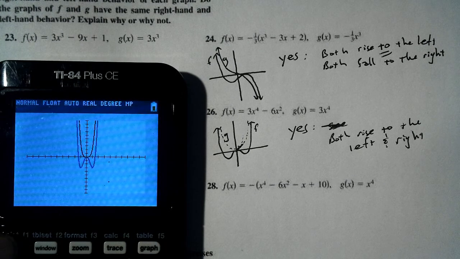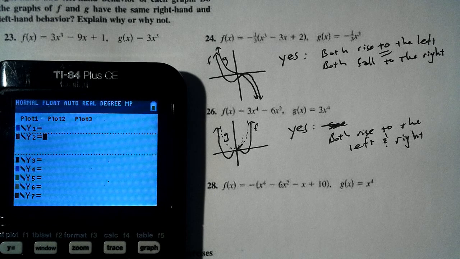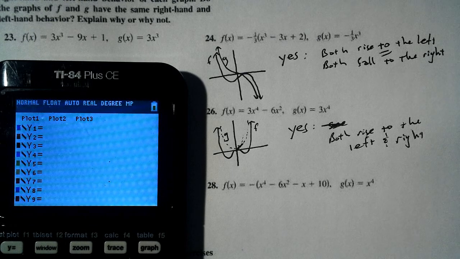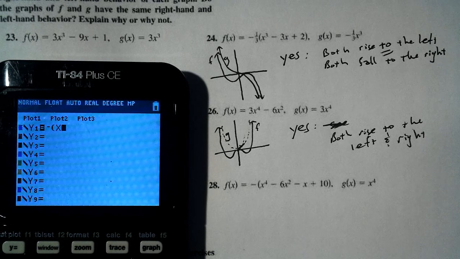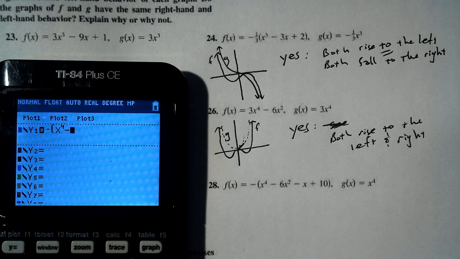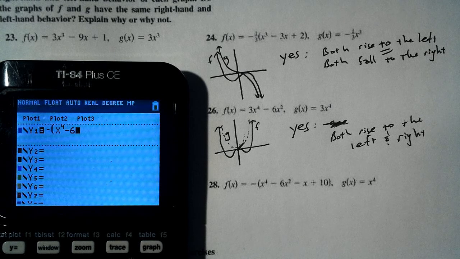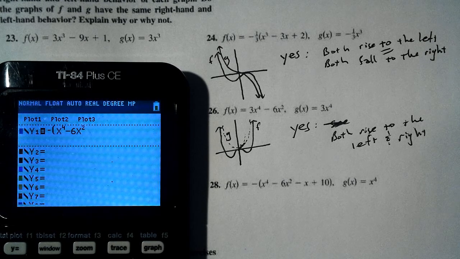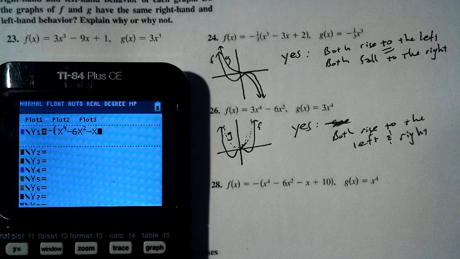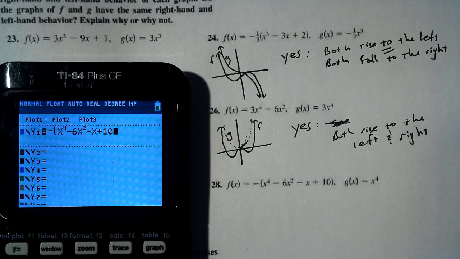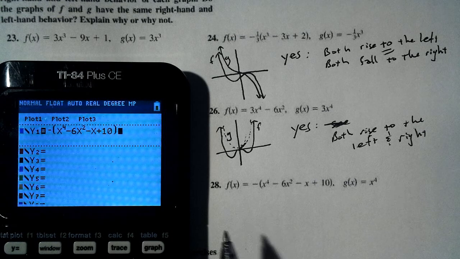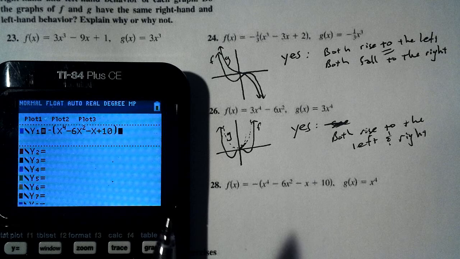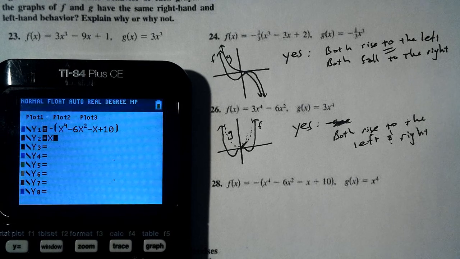And finally, y equals, clear, negative parentheses x caret 4 minus 6x squared minus x. Hope you're double checking when you enter these. More mistakes are made just entering these things in your calculator than are actually made any other way on these types of problems. So here we've got x to the 4th.